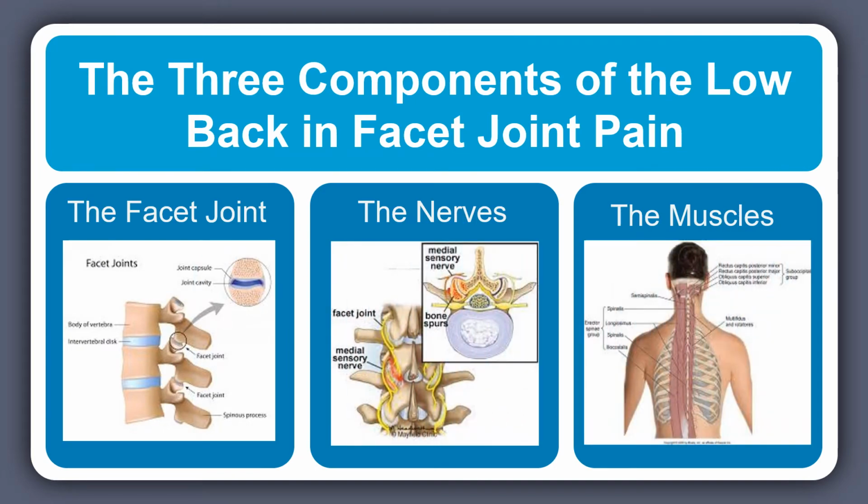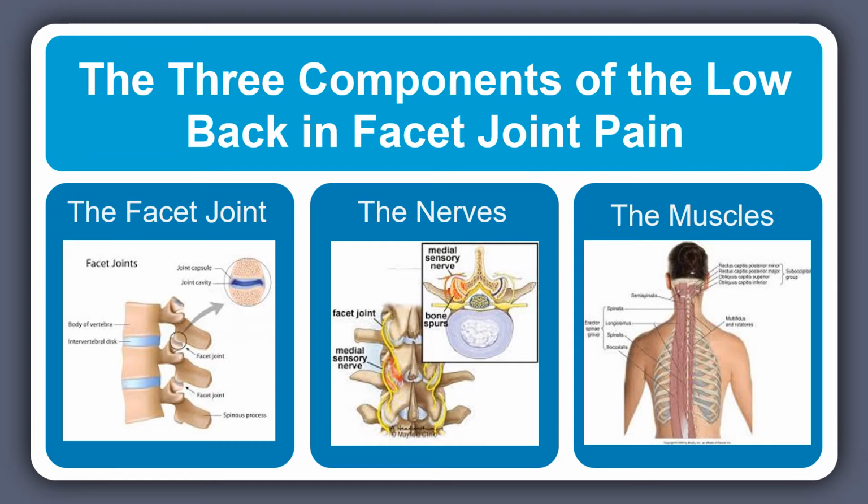So the 3 components of facet joint pain are the actual facet joint. There's a couple joints in the spine. The primary ones are the disc, which is a joint between each of the vertebral segments, and then towards the back of the spine is the facet joint, positioned in a certain way to allow movement for the spine.